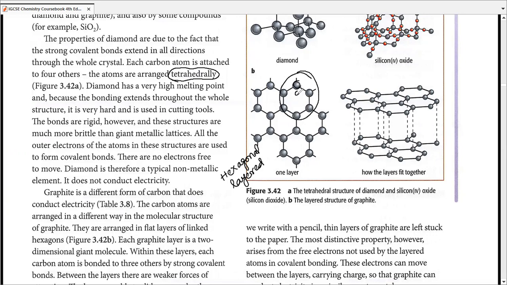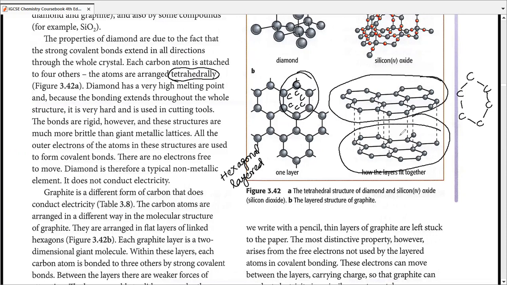And so there are 6 corners to this hexagon, and every corner is actually occupied by a carbon. So it's much more like this one, right? Hexagon. Yes, but sir, the hexagons are present as layer over another layer, so on and so forth.